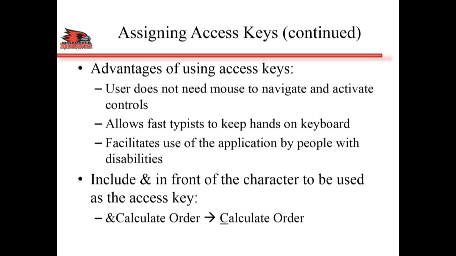Now, if you don't want C as your access key and you want A instead, then you can write capital C, then ampersand, and then A. Whichever letter you want to be the access key, you have to put the ampersand just before it. Make sure you don't put the ampersand before a space, because then space is not an access key. It has to precede a letter.